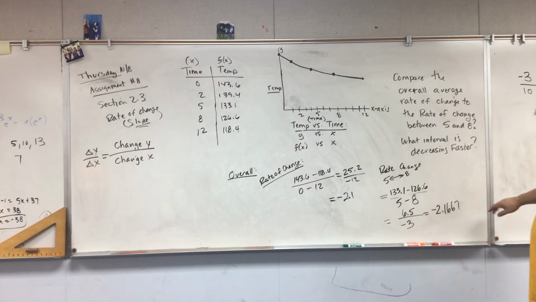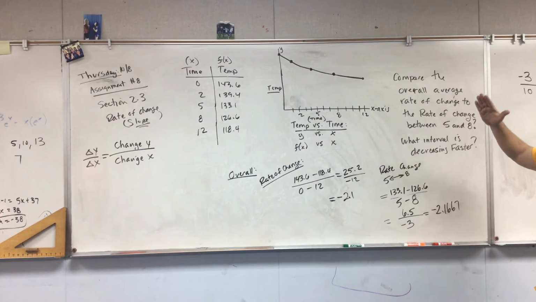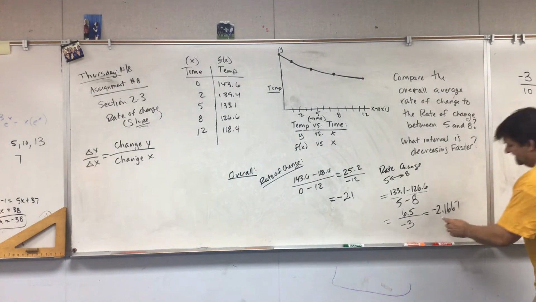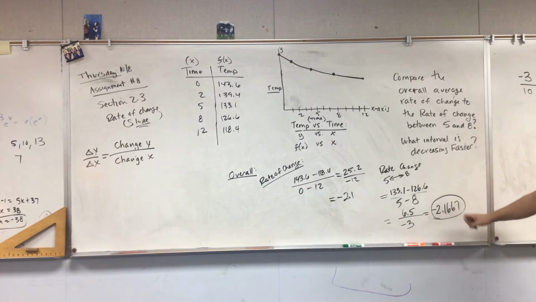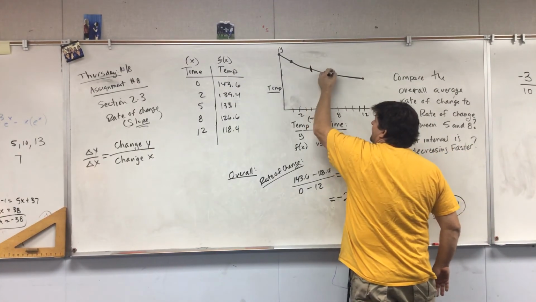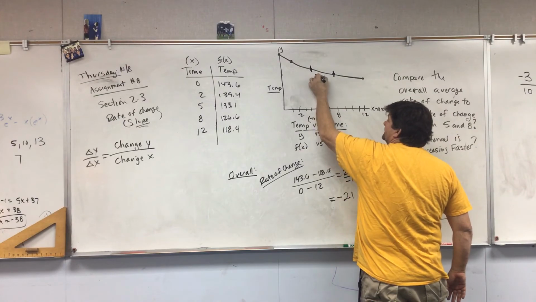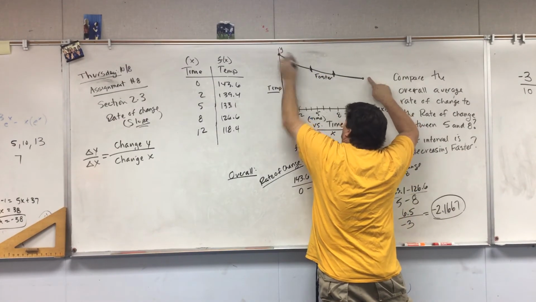So here's the idea. Which one's bigger? Which one's steeper, decreasing faster? This number is a bigger negative number, so this one is decreasing faster than the overall. So the interval from 5 to 8 is decreasing faster than the overall.